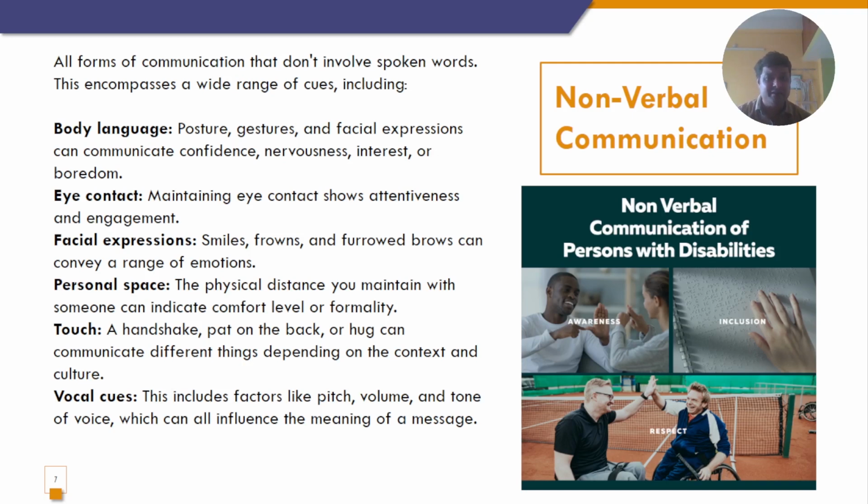One is body language, another is eye contact, third is facial expression, fourth is personal space, fifth is touch, and sixth is vocal cue. This non-verbal communication is very important for communicating to a disabled person. You can see a pictorial scenery, the non-verbal communication of a person with disabilities.